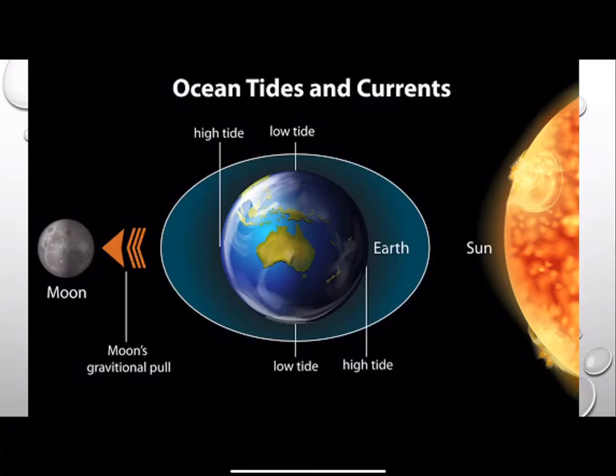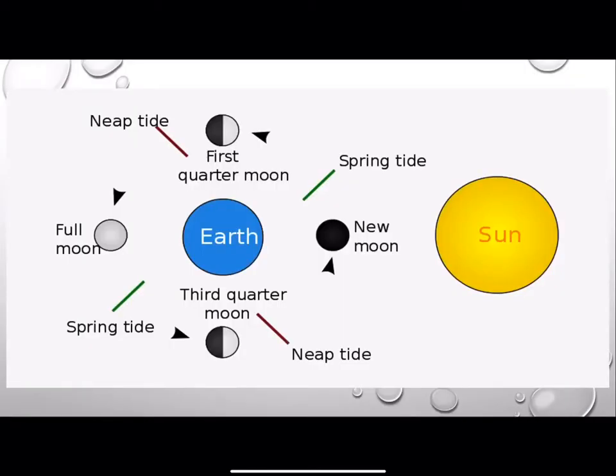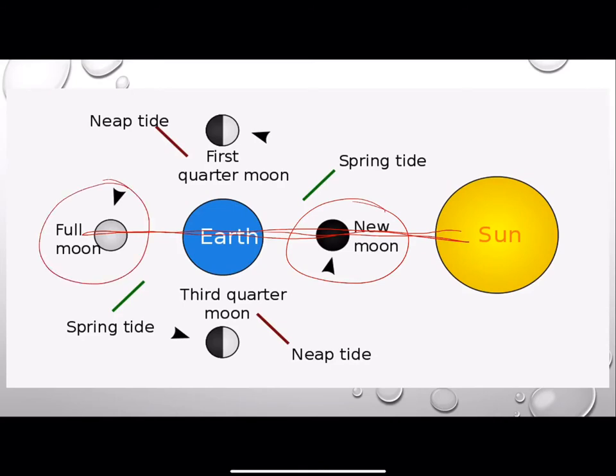We talked about how it creates a bulge on either side. And here's another example. When the sun, the earth, and the moon line up, whether at the new moon or at the full moon, that usually leads to spring tide, where we have a big difference between the high tide and the low tide.